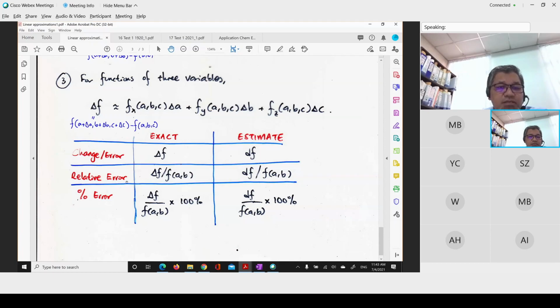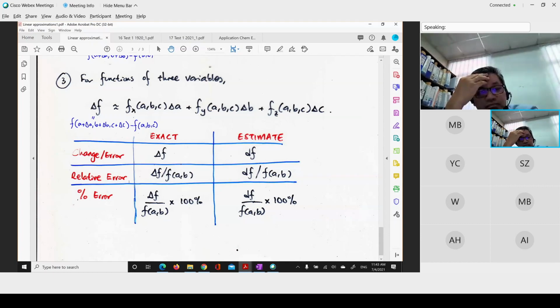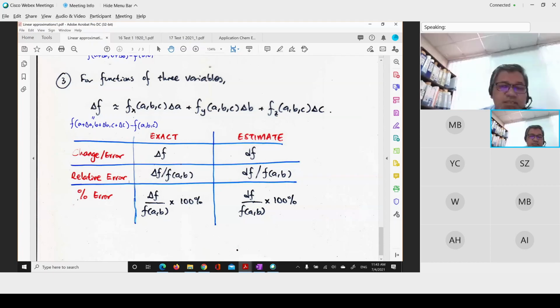Sometimes relative error is required for certain calculations. The exact relative error is delta F divided by F(a, b), while the approximate relative error is dF divided by F(a, b).